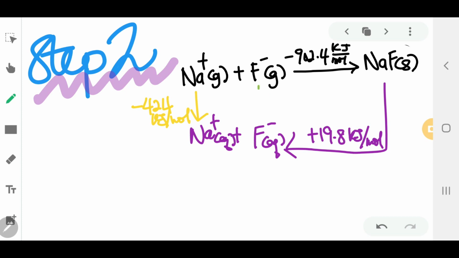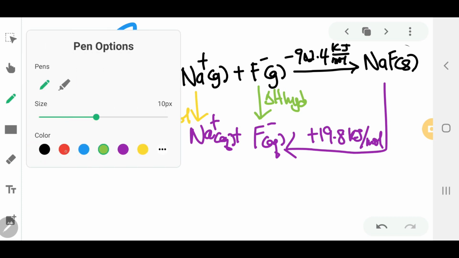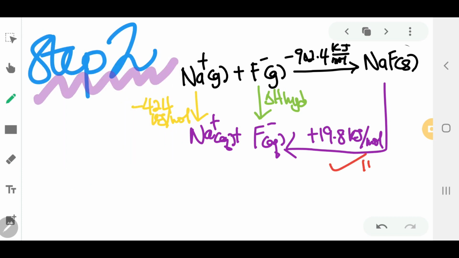And the one that we need to look for is this. So that one is delta H hydration. So when you do this in exams, you'll get 1 mark for this, 1 mark for that, 1 mark for here, and 1 mark for the one on top.